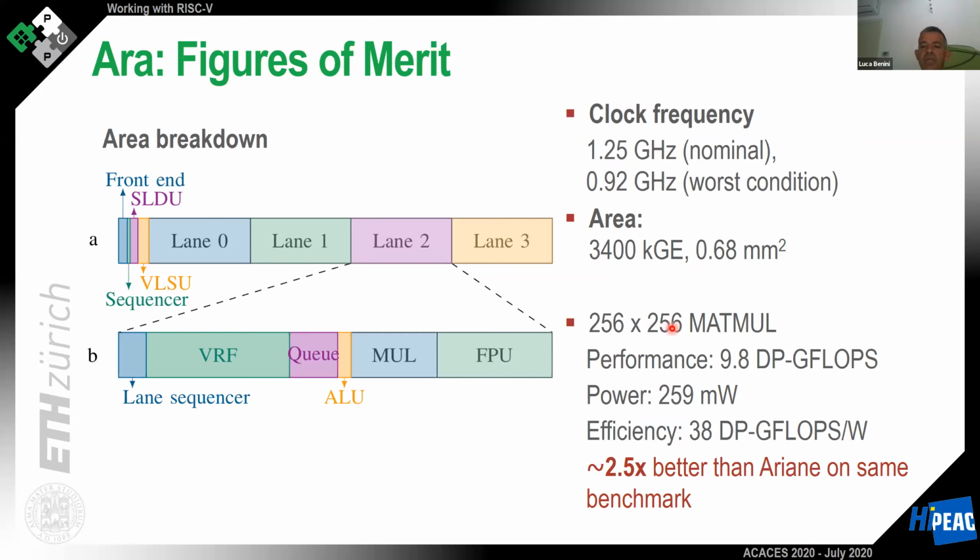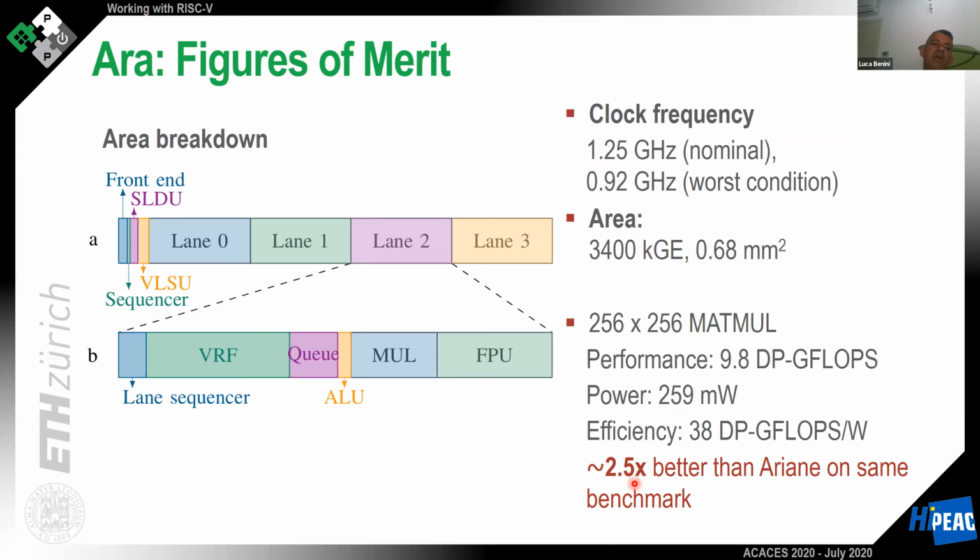Now we can achieve between 2.5 and 3 times better than Ariane in terms of efficiency, which basically means that we are now still in a high performance environment, but we are just a couple of X away from a microcontroller environment. So we have been able, with a vector processor, to reduce the energy efficiency gap by a significant amount.